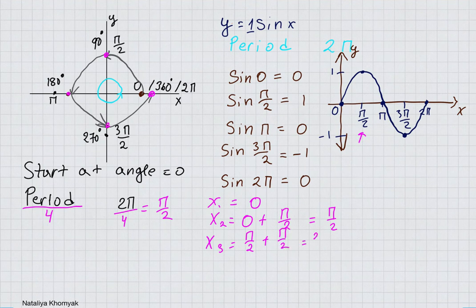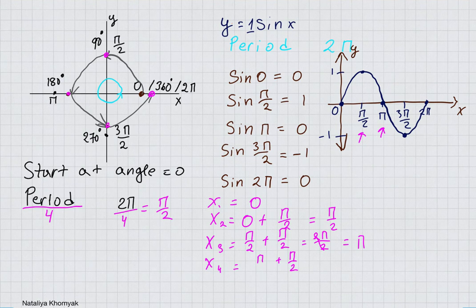We get 2 pi over 2, which simplifies into pi. Then the next x value: we take the previous x, which is pi, plus pi over 2, a quarter of the period.